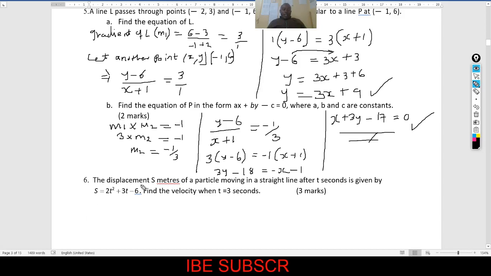So what we do here, v is the same as the differentiation of s, ds over dt. It is 2 times 2, which is 4, and then 2 minus 1 is 1, so 4t.